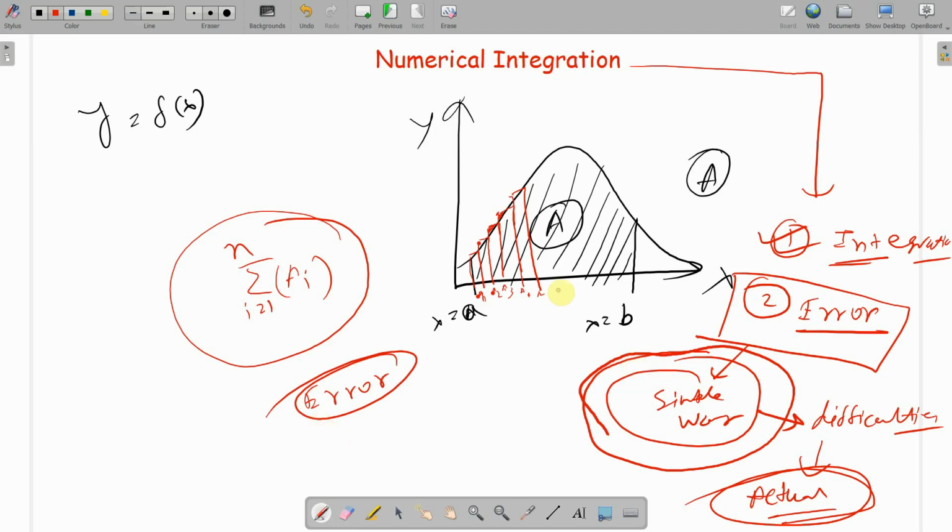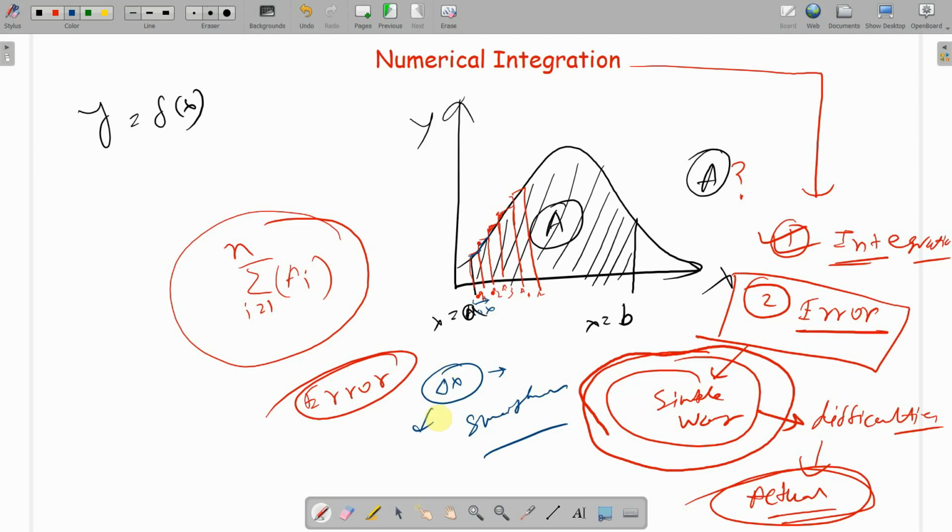So what can we do to calculate A? If I am asking what is A, then you can take slices and sum them up. Let's say the width is delta x. If you take delta x small, you will have smoother rectangles and less error.